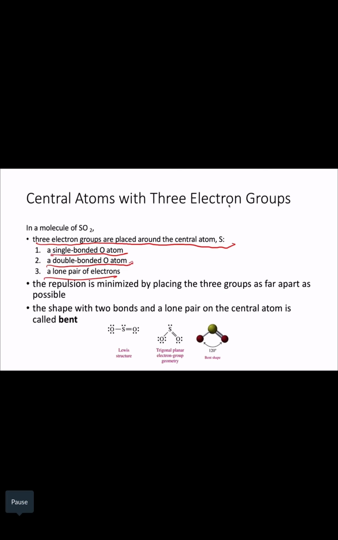Electrons are going to cause problems, and they're going to be counted. Yes, it looks linear. Usually we draw it as a linear structure in Lewis dot structure, but those electrons are going to push the groups, and what we actually see is a trigonal planar electron geometry with a bent shape, because the electrons here are going to cause that problem.